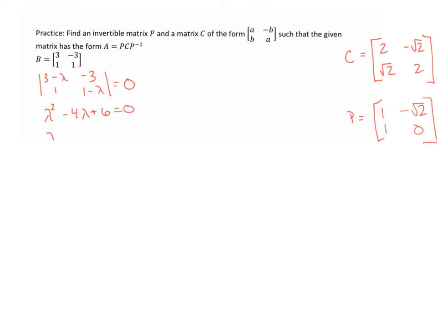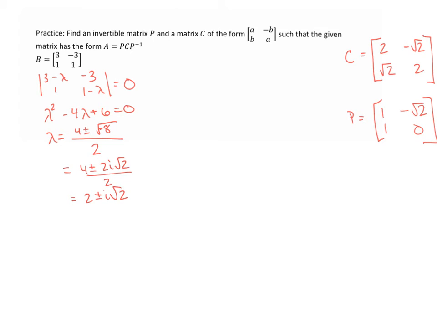That's going to give me lambda is 4 plus or minus √16 minus 24, so that's -8, all over 2. 4 plus or minus 2i√2 all over 2. 2 plus or minus i√2.